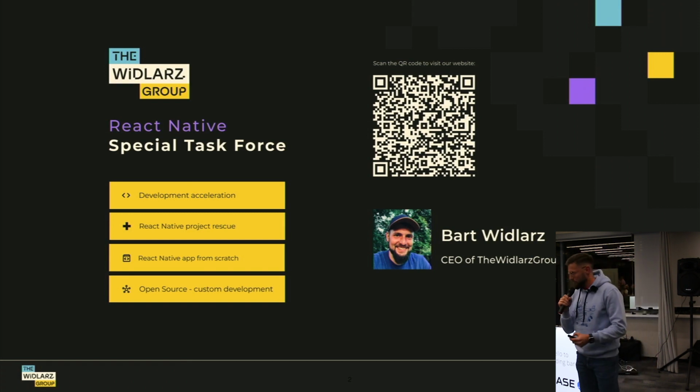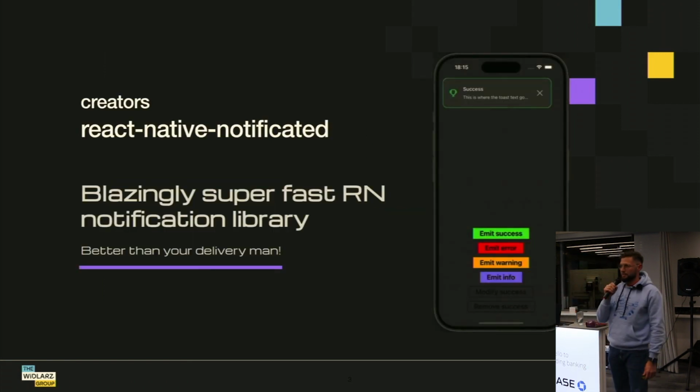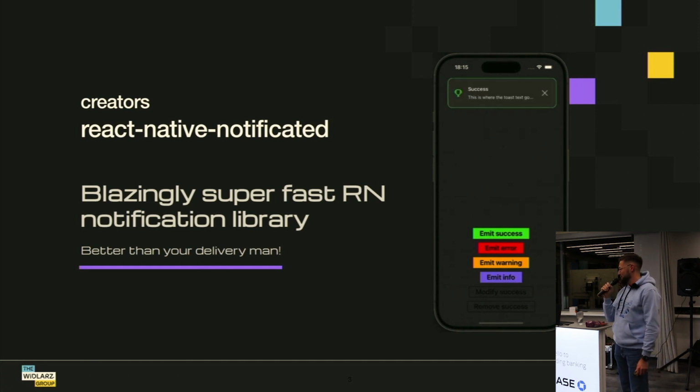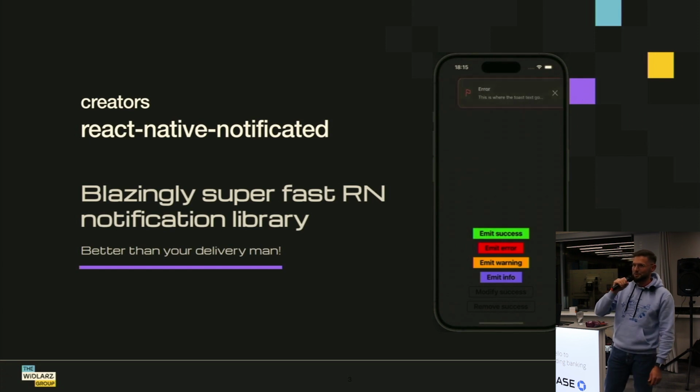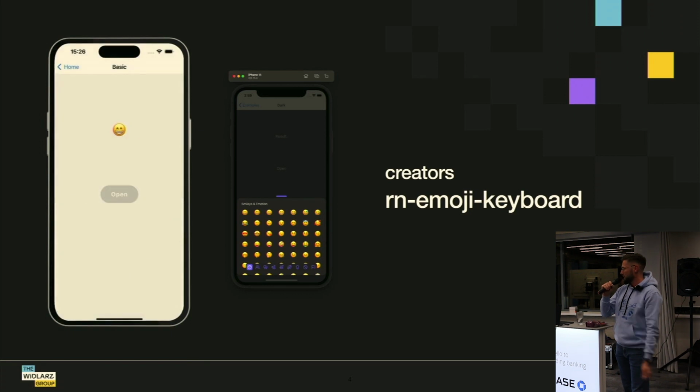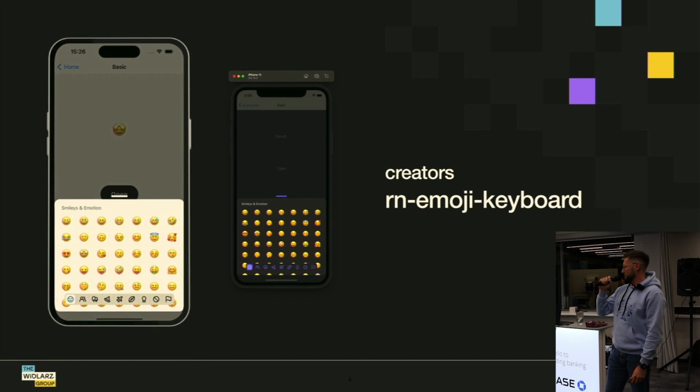We have created a couple of UI libraries that you can use for building your next app or integrate into your current app. This one is for in-app notifications. This one is, again, a simple UI library for an emoji keyboard.